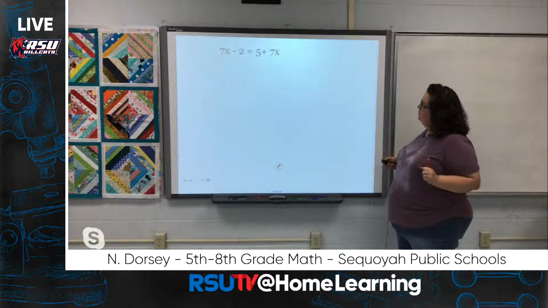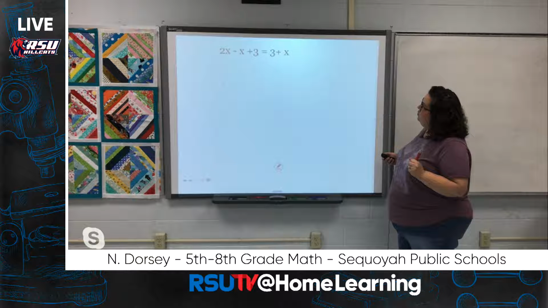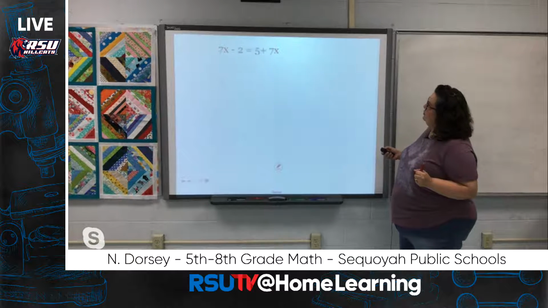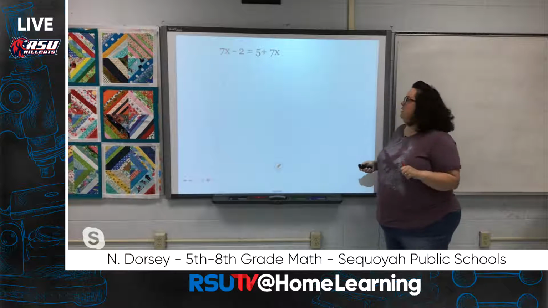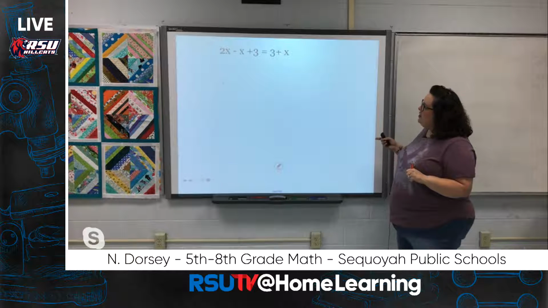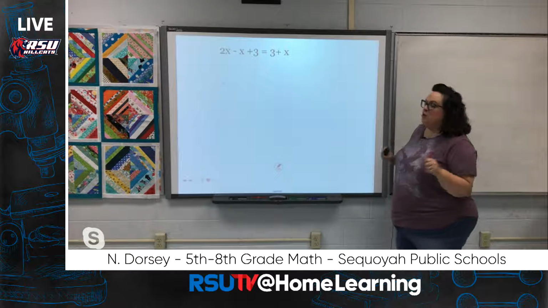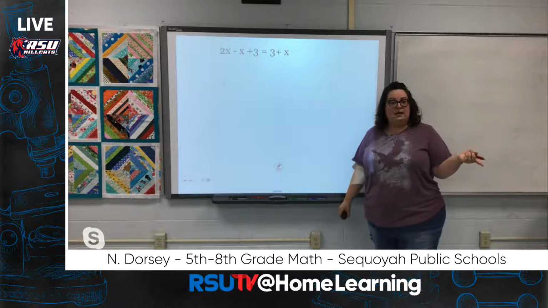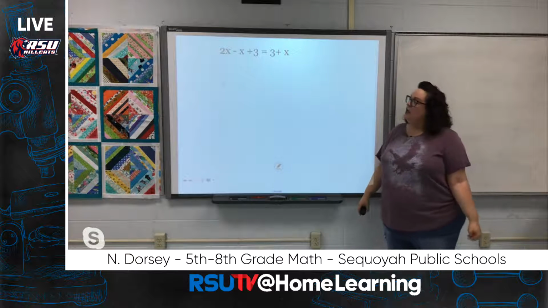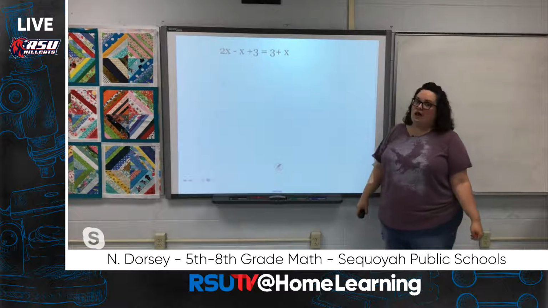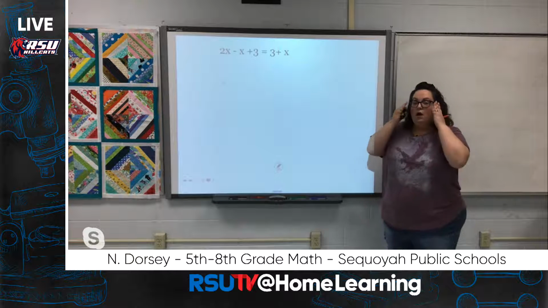Next slide. Okay, I'm going to skip that one because I feel like we've done enough of those. You should have a good handle on that. But this one we are going to do. So let's think back. Step 1 says parentheses. This problem doesn't have any. Step 2, like terms.